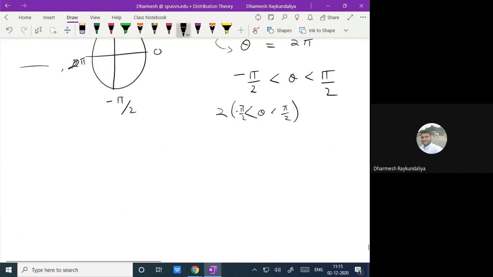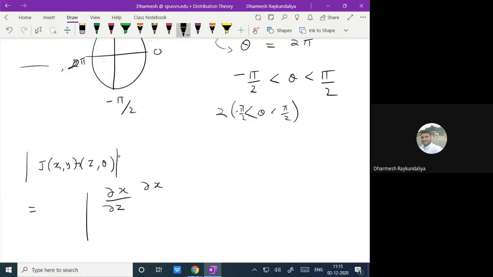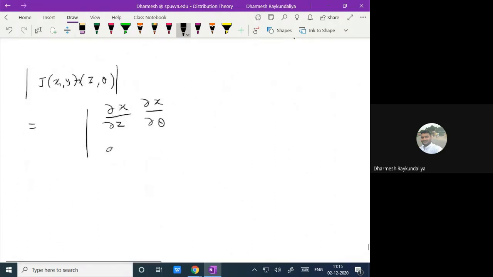So what we do, we first find out the Jacobian of x, y with respect to z, theta. It is del x by del z, del x by del theta, then del y by del z, del y by del theta.